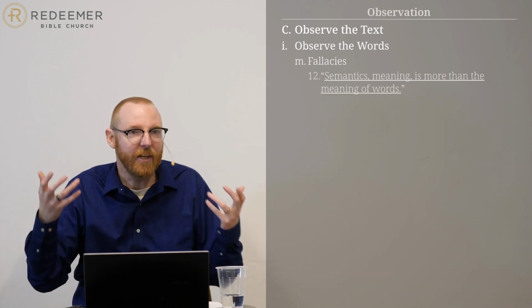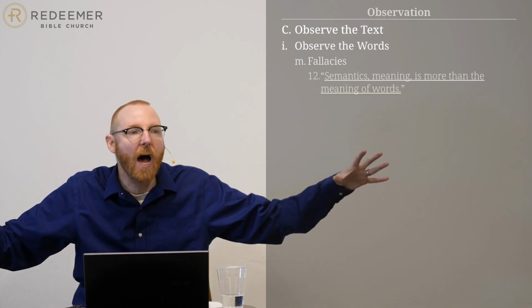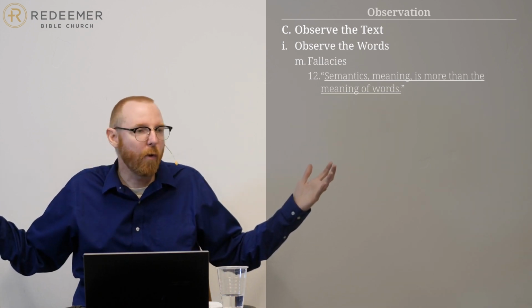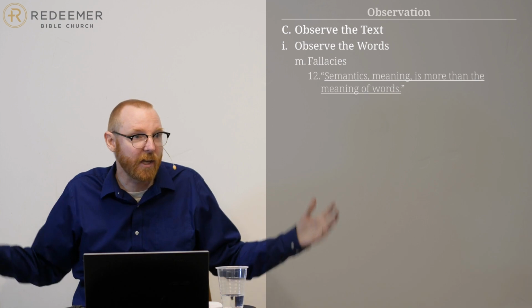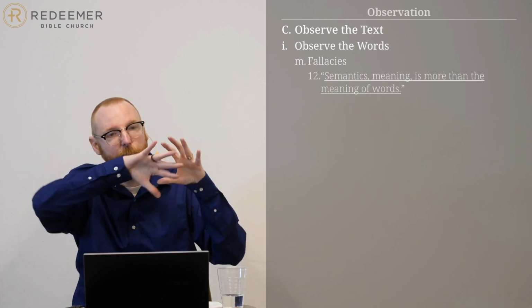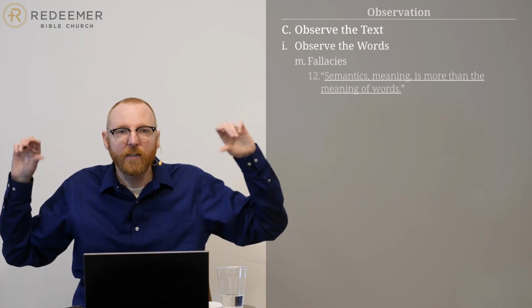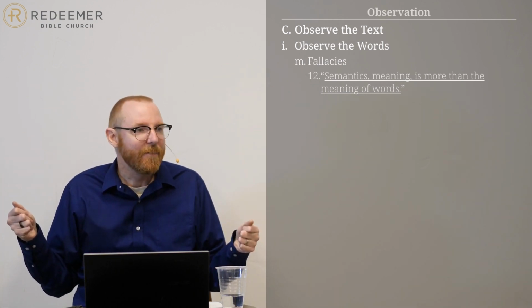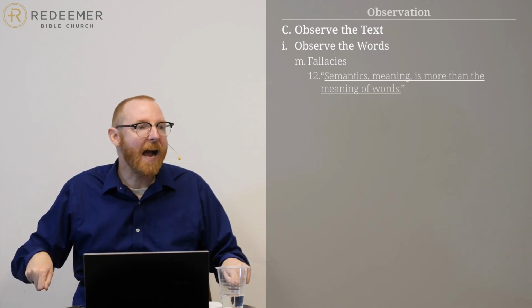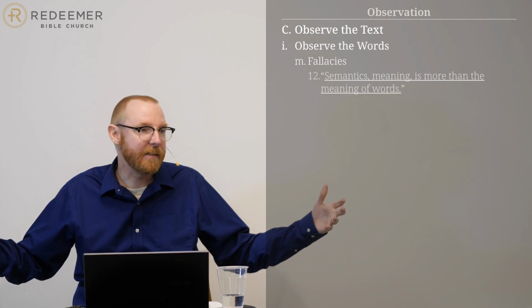There's language, the grammar, the whole context, the whole flow of thought, and that's what we're going to be talking about for the rest of the class: how do you understand the structure of a text, the emphasis of the text, the flow of thought of the text. We already talked about the context, right? So these are all just tools in your tool bag when you're studying the Word of God to understand what the author is telling us. All right, any final questions or comments?